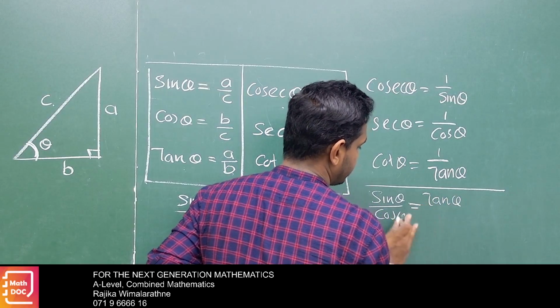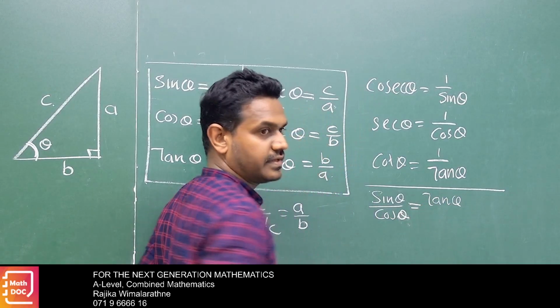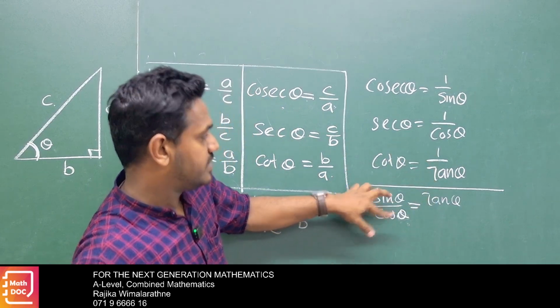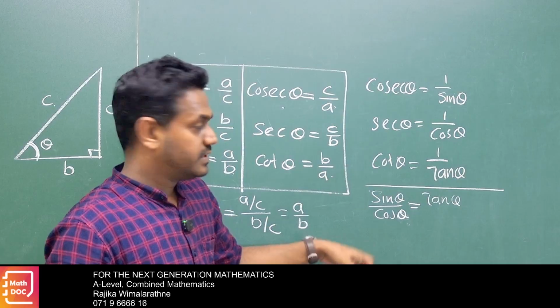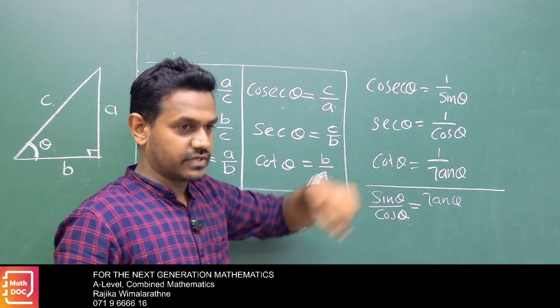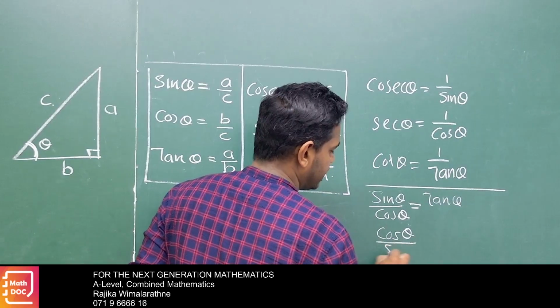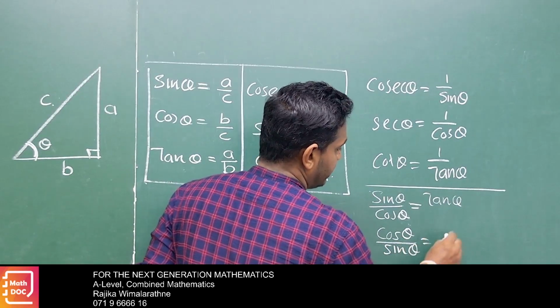This is another one. Further we know cot means 1 over tan, so you can take the reciprocal, no? Then cos theta over sin theta will be cot theta.